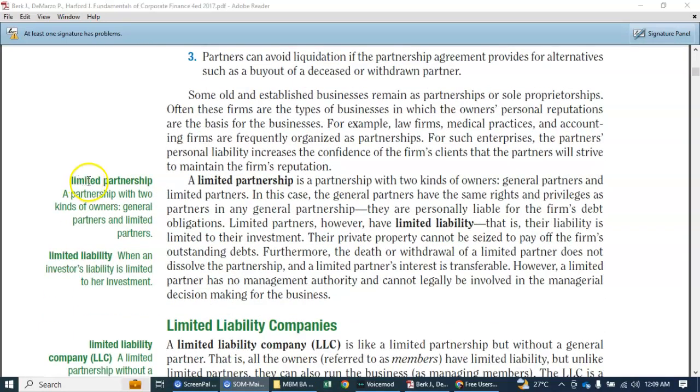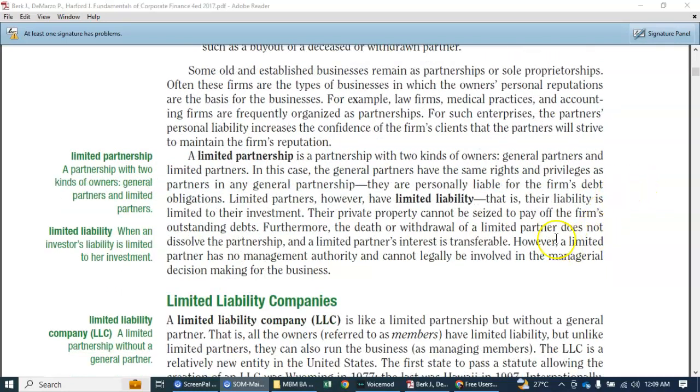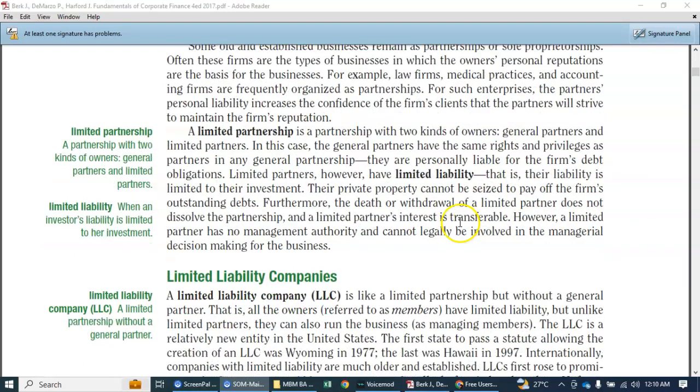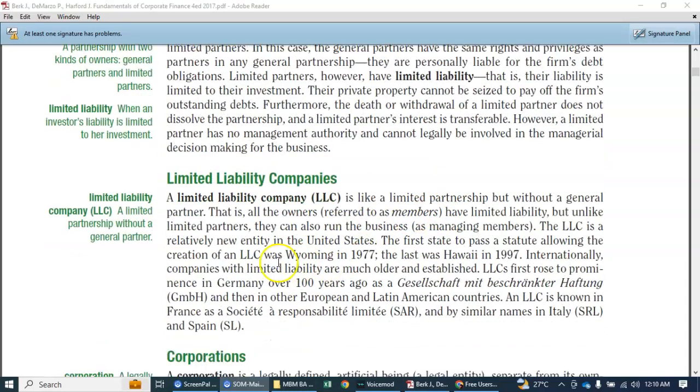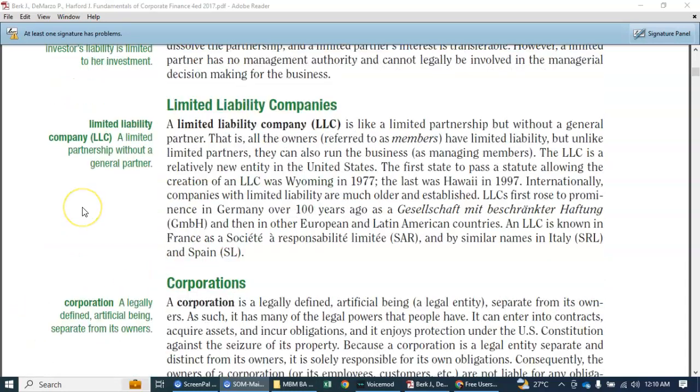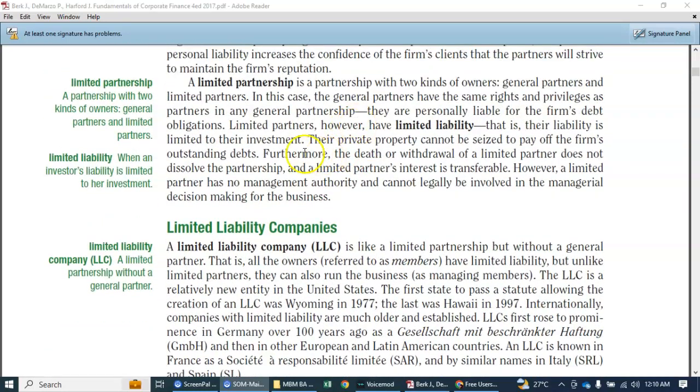It means that partners are limited in their liability to the extent of what they have invested in the partnership. So this is another form. It's different from the limited liability company. A limited liability company, or LLC, is not the same as the limited partnership.